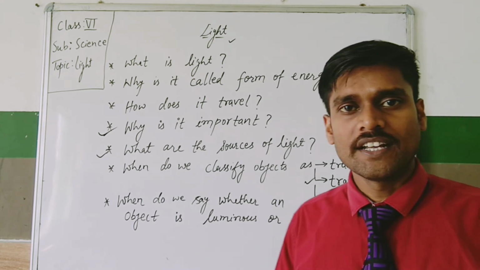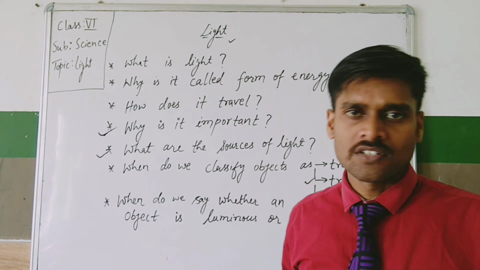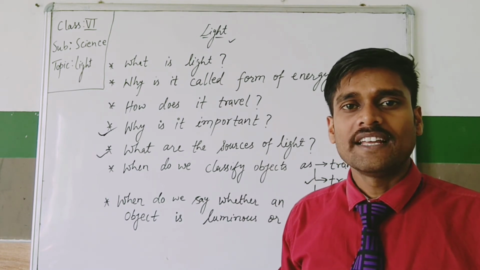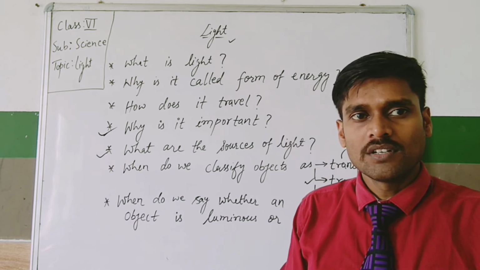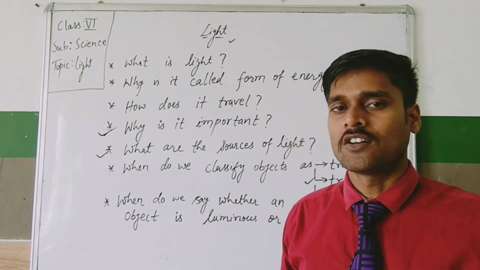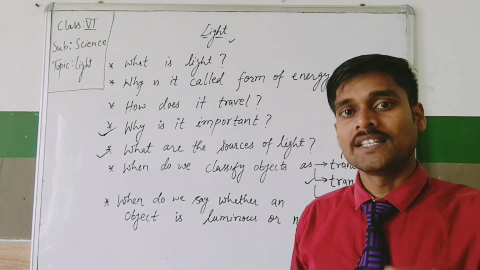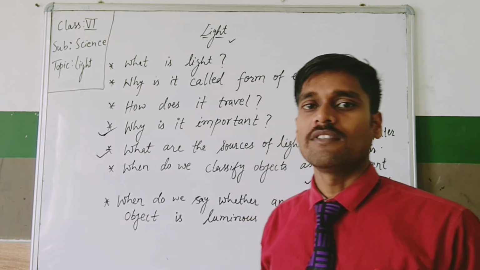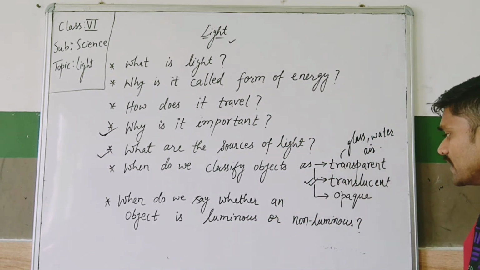In translucent objects, when light falls on the surface, light is partially absorbed or partial light passes through that object. I mean, the objects which allow light to pass through partially, meaning only some part of the light is passing through, are called translucent objects.